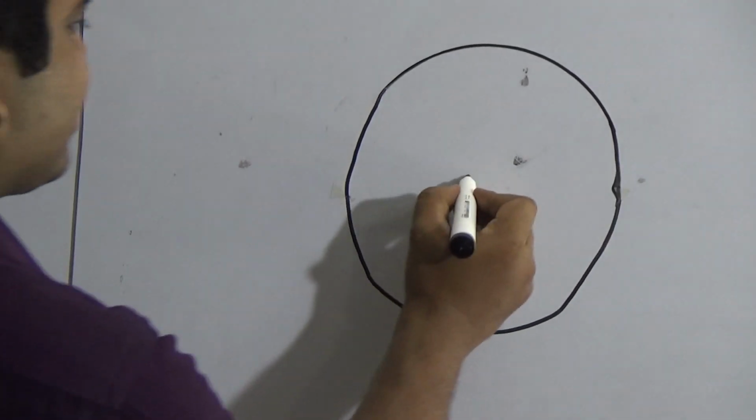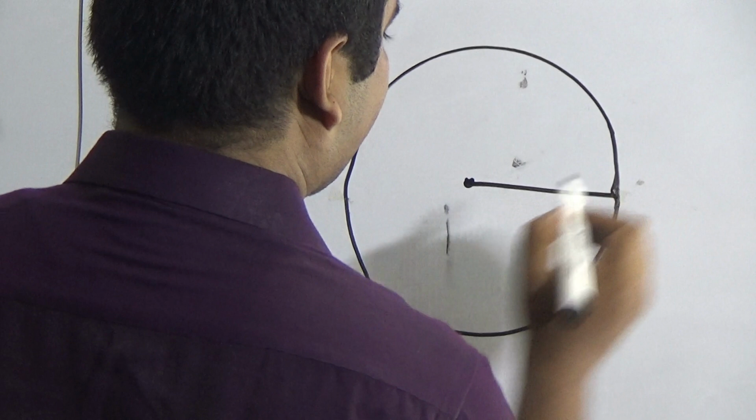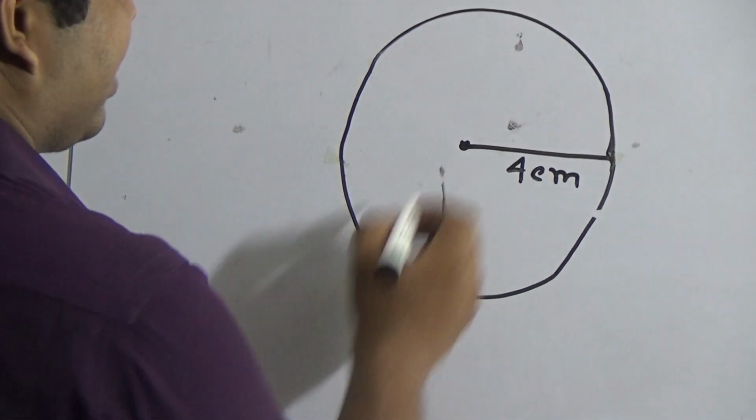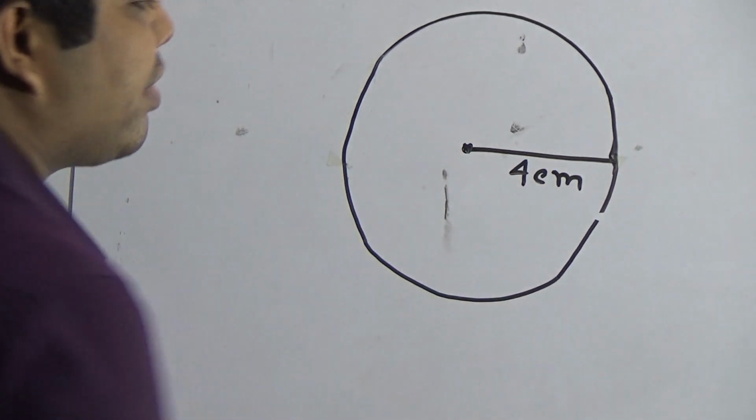Okay, my dear student, this is the circle whose radius is 4 centimeter.